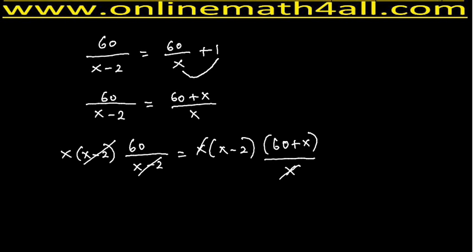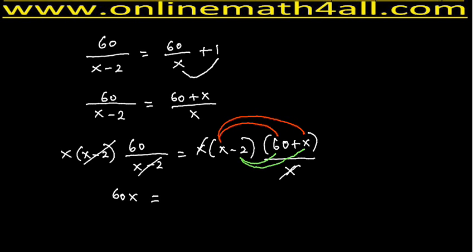On the left side, x times 60 will be 60x, and here we just have to multiply x-2 with 60 plus x.